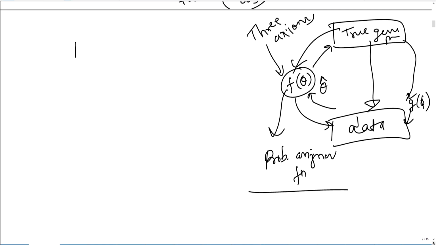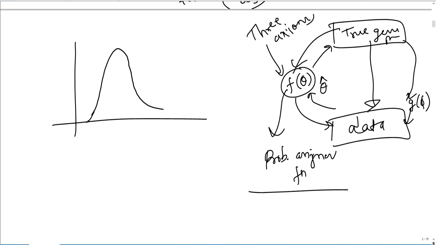One example is this: when you are doing a reaction time experiment, for, let us say, a Simon task or Stroop task or any other reaction time experiment on humans, the typical distribution of reaction times is something like this. There are no reaction times below 30-50 milliseconds. They start around 50 milliseconds, then there is a peak, and then there is a long tail, because there are some slower reaction times.